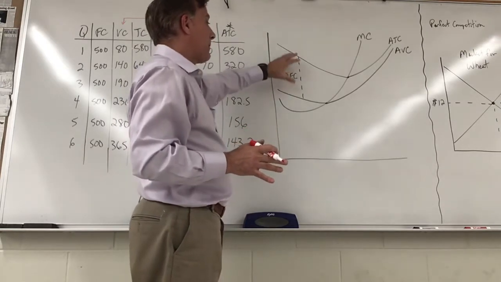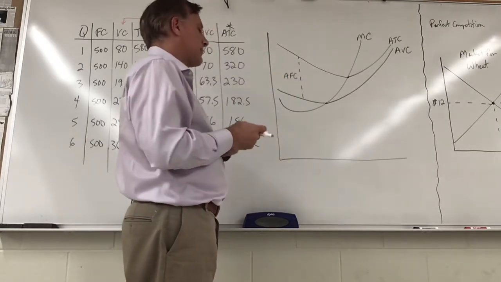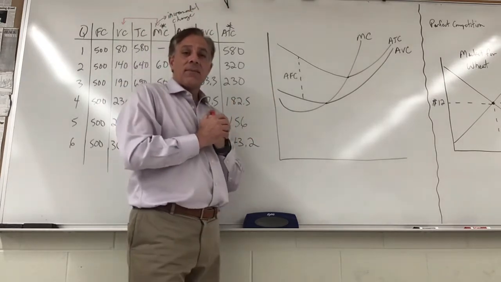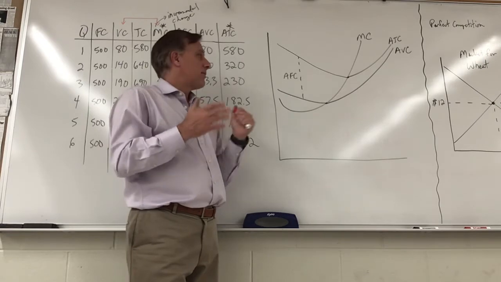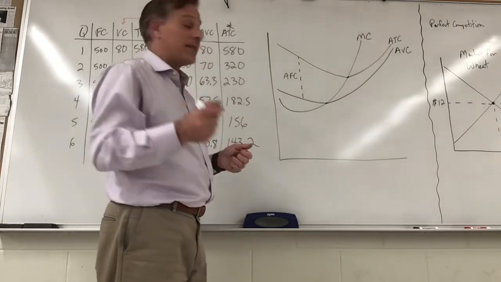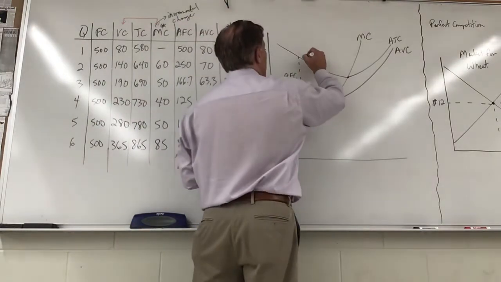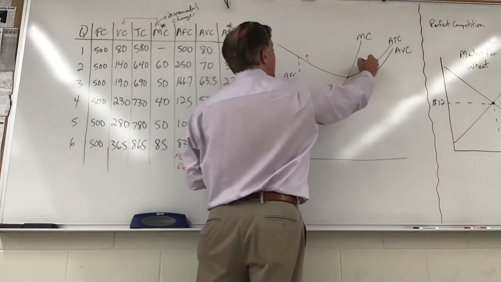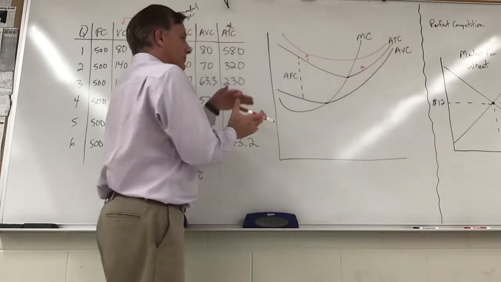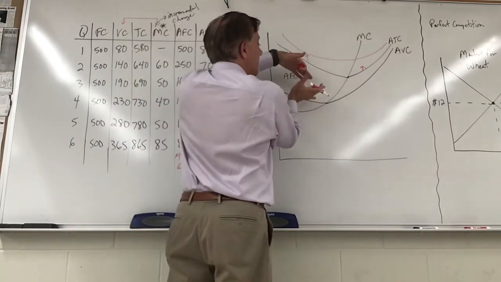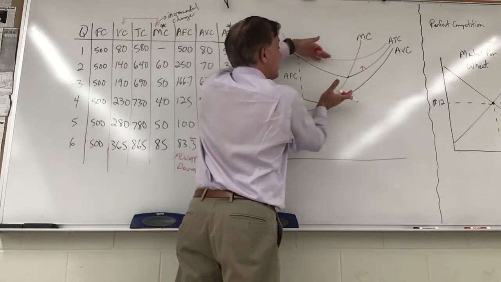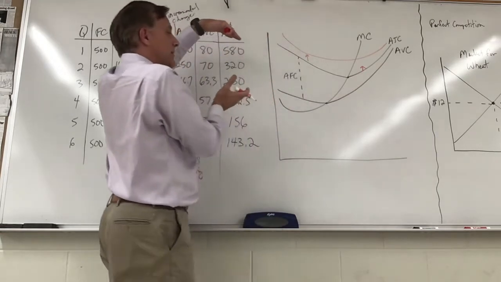All right, the gap in between here is average fixed cost, but what we need to know is what happens to each curve when fixed cost or variable cost changes. All right, so if fixed costs increase, what's going to happen is only average total cost is going to increase. All right, so this goes up, creating a bigger mouth for average fixed cost. So average fixed cost increases.